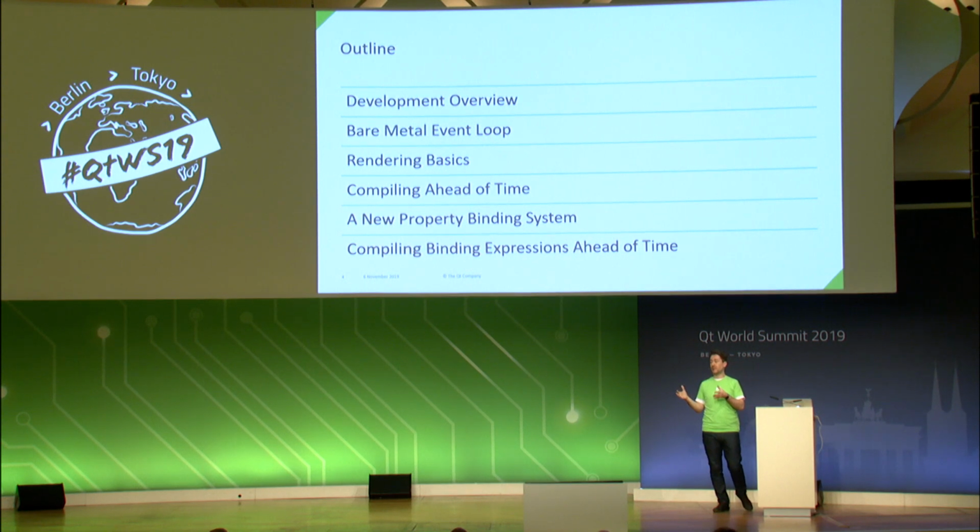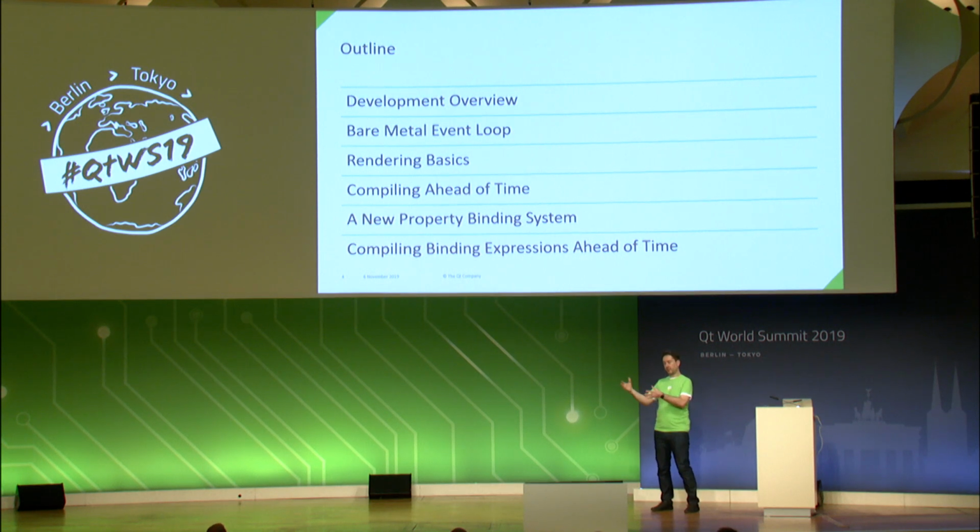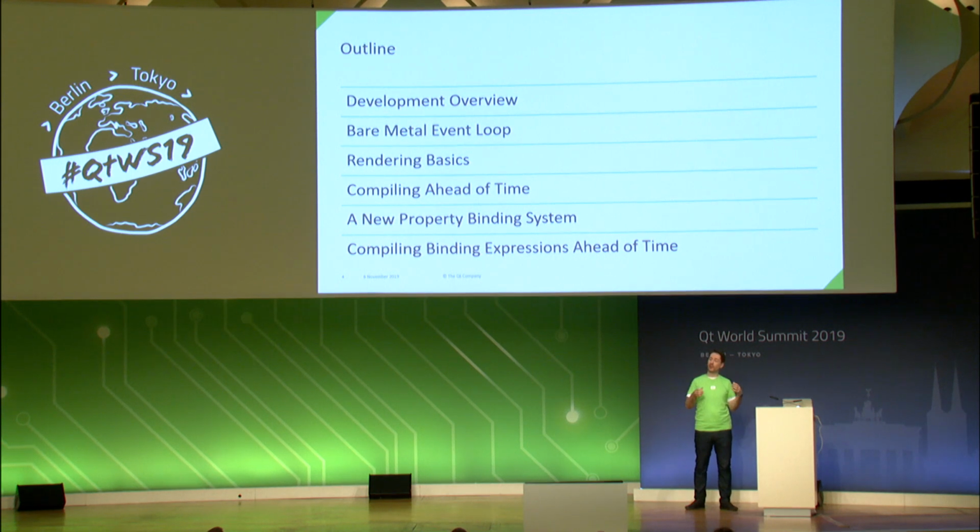This is something that works differently than when you run under embedded Linux. And I'd also like to explain a little bit of the rendering. This is also something that works differently than what Qt Quick normally does. It's something I realized afterwards: it works much more similar to how Graphics View actually works.